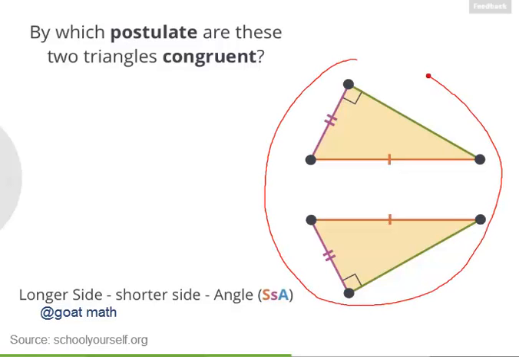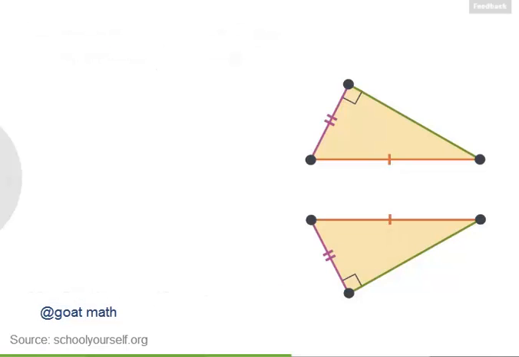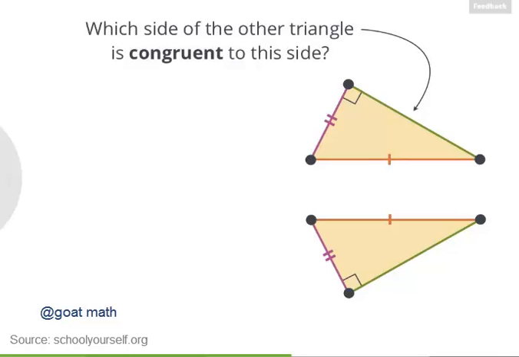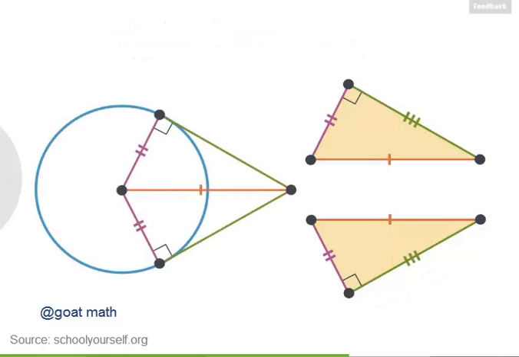So because these 2 triangles are congruent, that means their corresponding sides must also be congruent. So then which side of the bottom triangle must be congruent to this side of the top triangle? So this side up here must be congruent to this side over here, and let's label them both with 3 hashes. Let's put our congruent triangles back into our diagram.